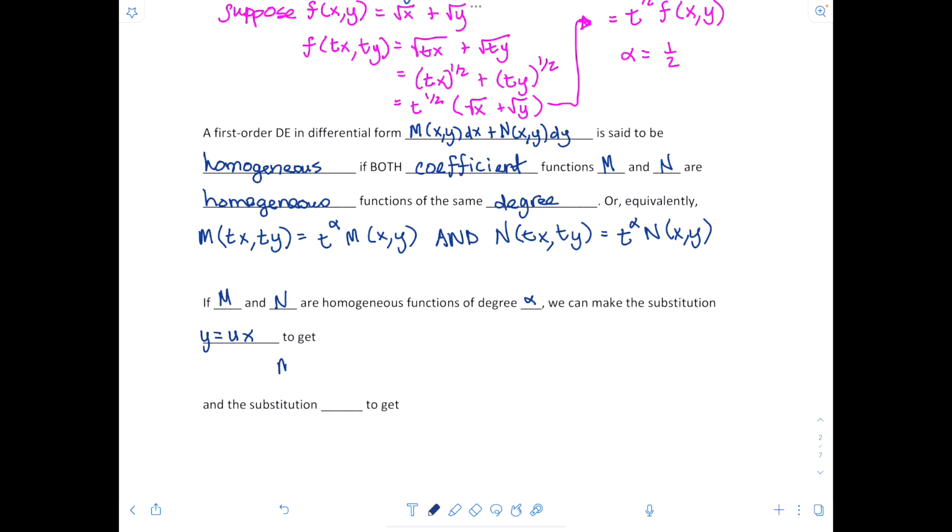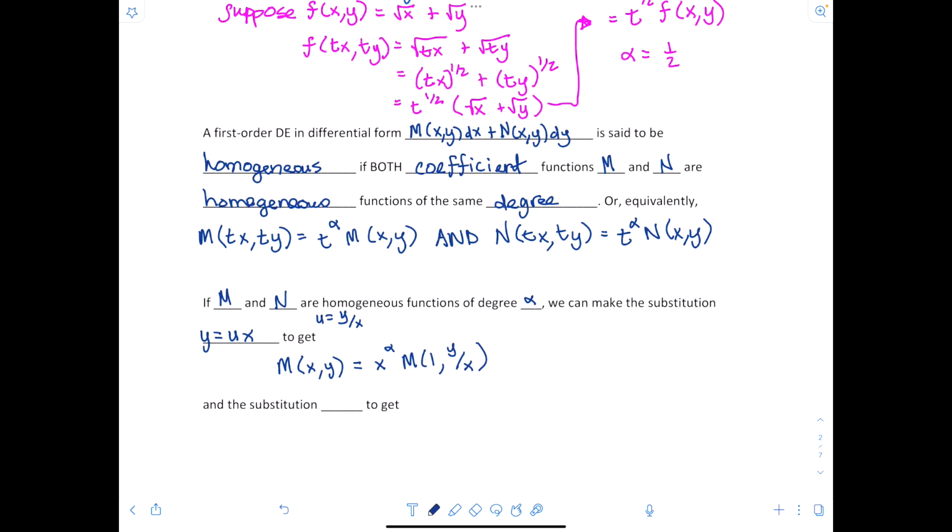So then what would happen is you would get M of x and y equals x raised to some power times M at 1 and u. If you isolate u, please note, you would get u is equal to y over x. Okay? So basically, I'll write it a couple of ways. That is just factoring out some power of x.